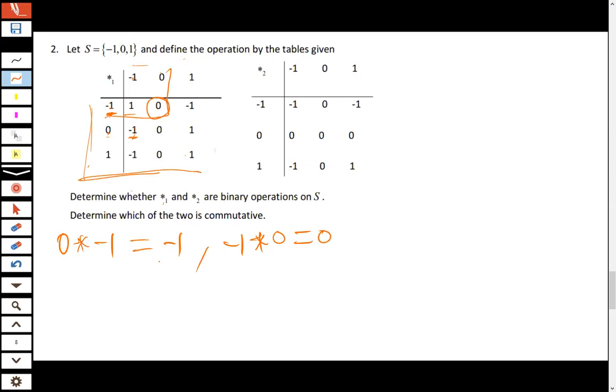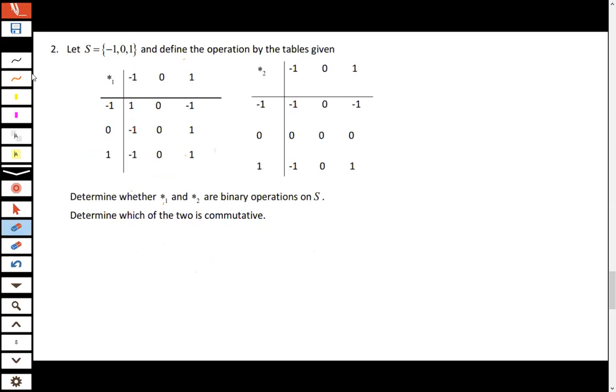Since the answers are different here, let me restart on this one. You don't just pick any number, because you know that there's -1 here and -1 there. If we say -1 *1 and -1 star -1, the answer will still be 1.